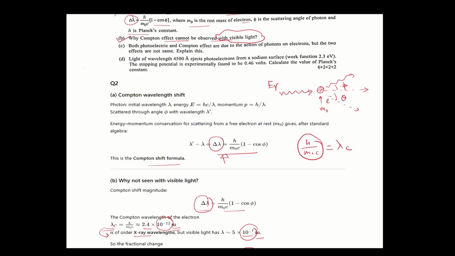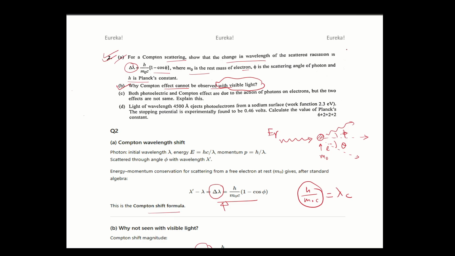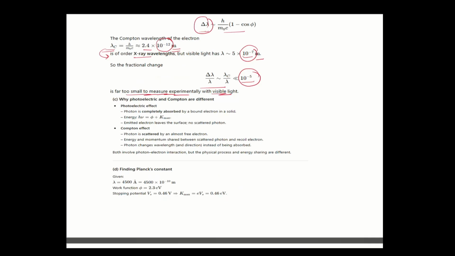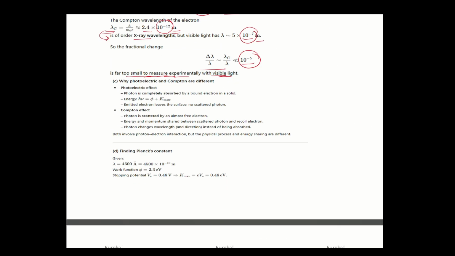Next one: the photoelectric effect and the Compton effect are due to the action of photons on electrons, but the two effects are obviously not the same. Explain. In the photoelectric effect, we have a metal sheet, a photon is incident on that metal sheet, and the photon is absorbed by the metal.